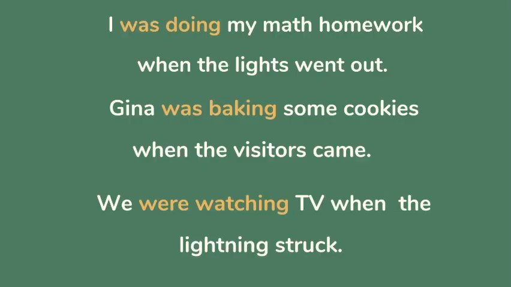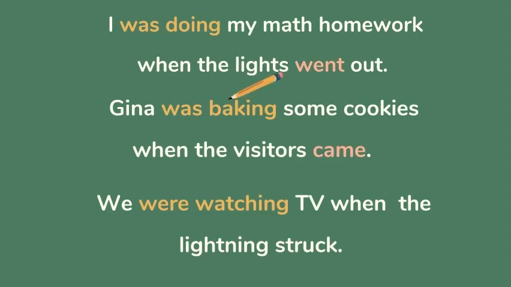So here in our sentences earlier, you have noticed that we have two verbs. We have was doing and then went. So was doing here is considered to be an action that was in progress, and the other one has already been completed in the past. So we have went. It's also the same with sentence 2 and sentence 3.